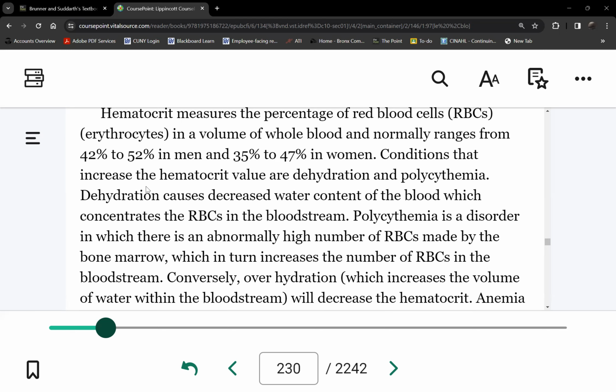You just added fluid to my bloodstream, so when I draw a blood sample, of course, that sample will show a little bit diluted. So the hematocrit will decrease. And vice versa, if you're losing fluids or dehydrated, what will happen to the hematocrit? It will rise, 58, 59, 60.